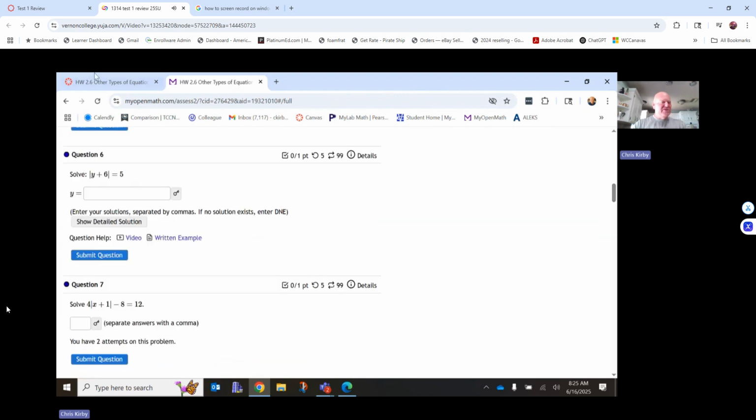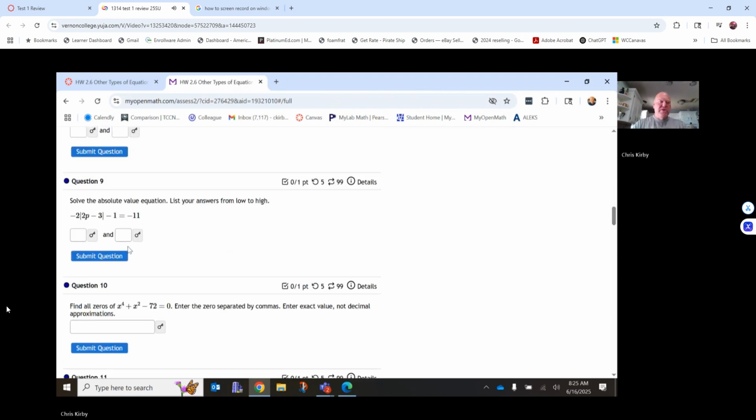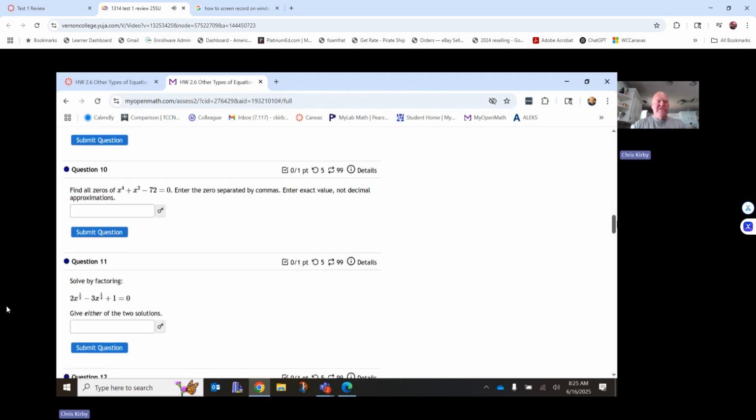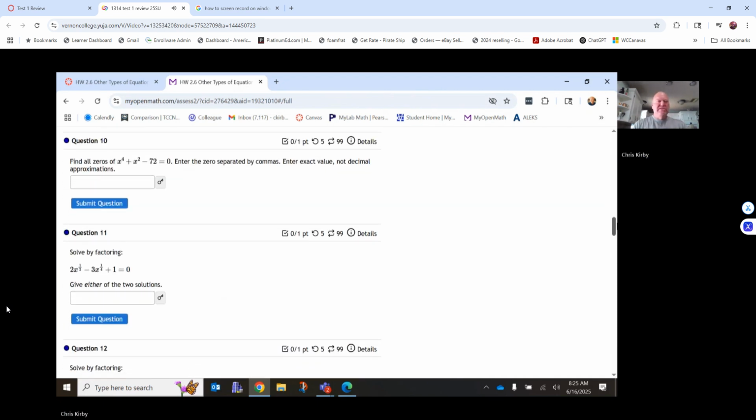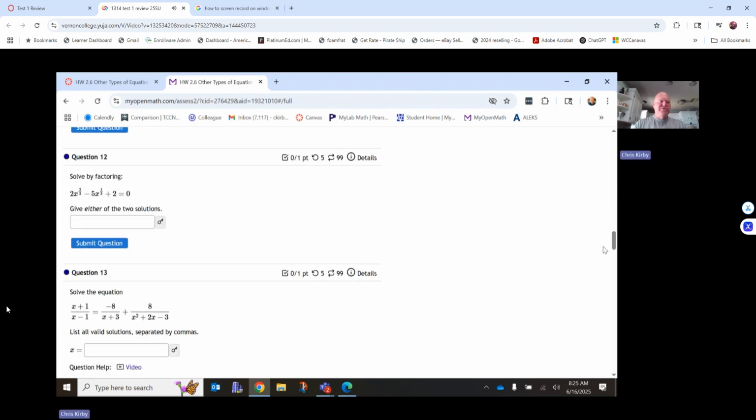So anything that has to do with absolute value. So questions 6 through 9, so 6, 7, 8, and 9, those will not be on the test. Also 10 through 12, so 10, 11, and 12. So all of those questions are quadratic in form is what that's called.